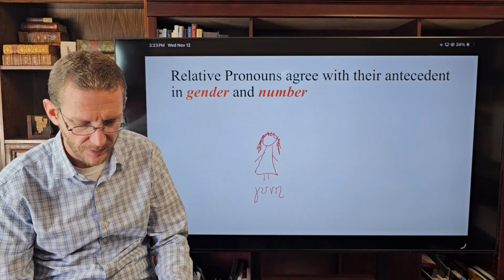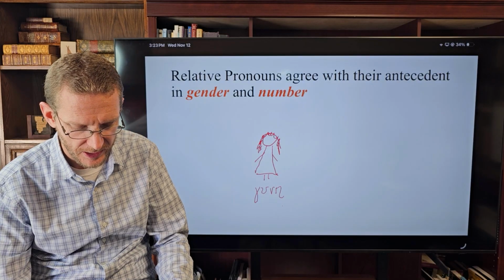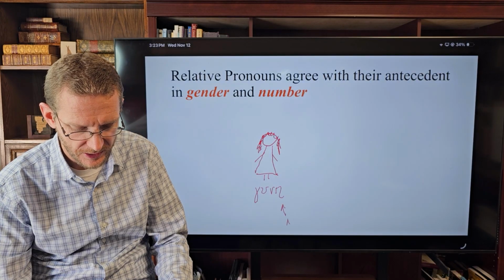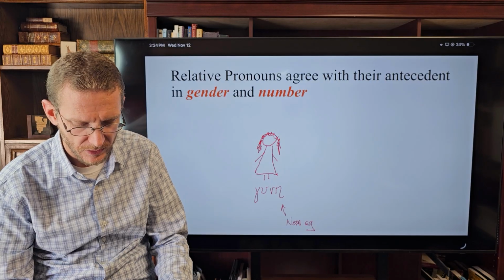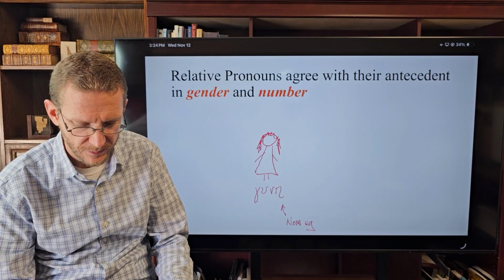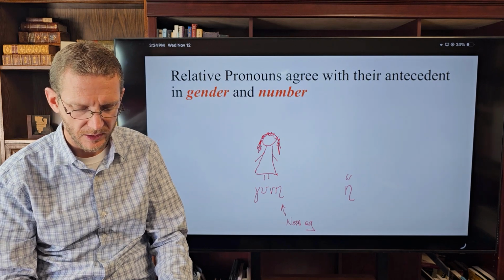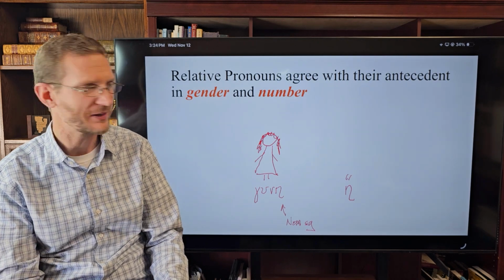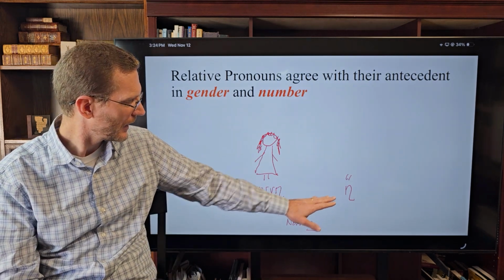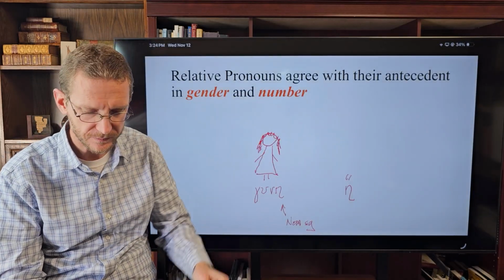So there's gune, and you can see this is a nominative singular. It's feminine singular nominative. Now, what relative pronoun would we use to refer to her? We could refer to her with hey. All right, so that's a feminine singular nominative pronoun. Hey, so we could say the woman which did this.